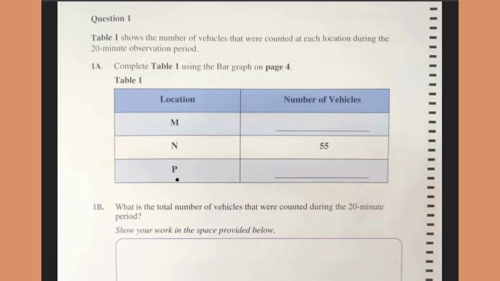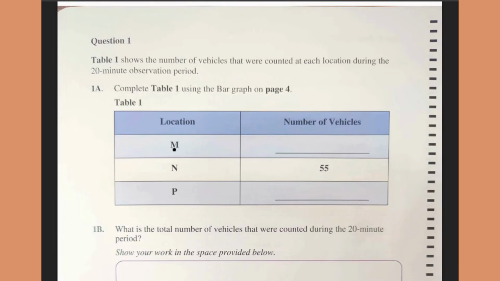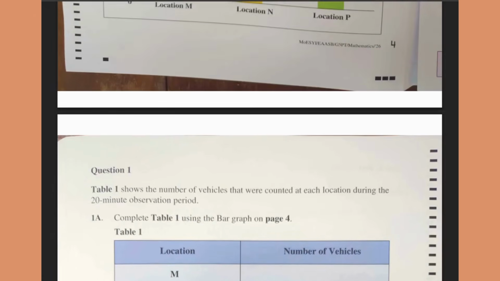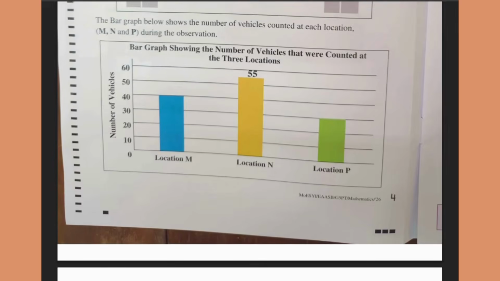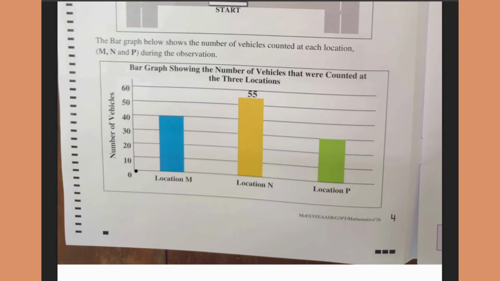So we have the locations going down, and for two of the locations, the number of vehicles is missing. So let's just go to the bar graph and find out the number of vehicles for M. So location M. We have 0, 10, 20, 30, 40.